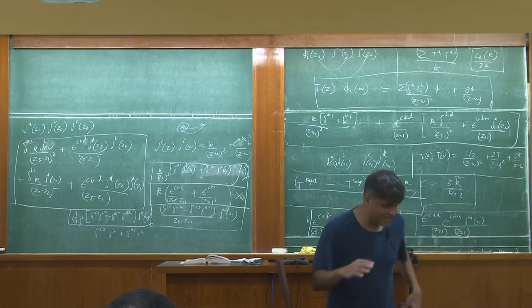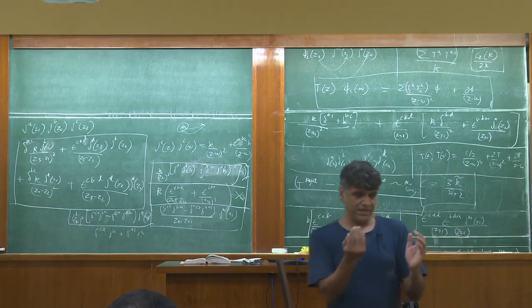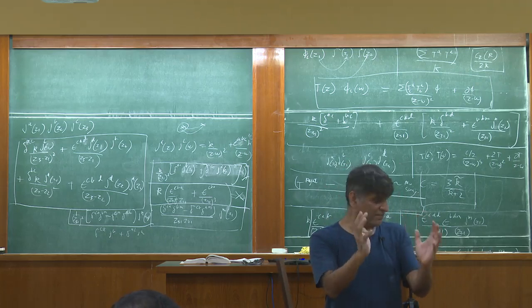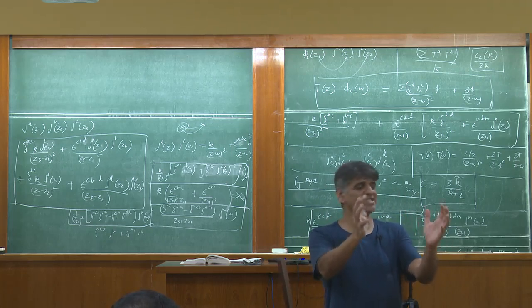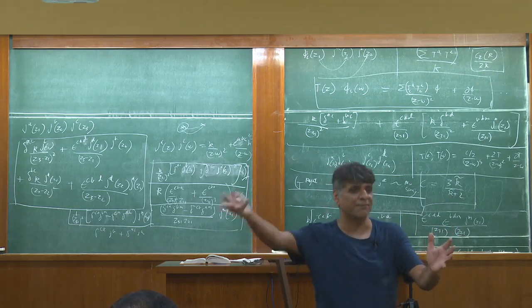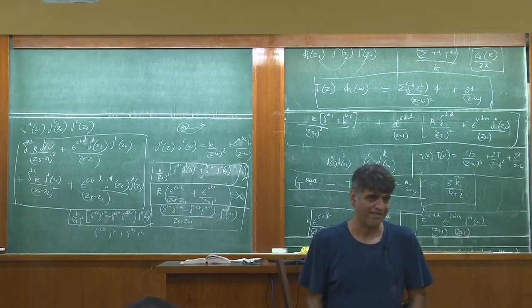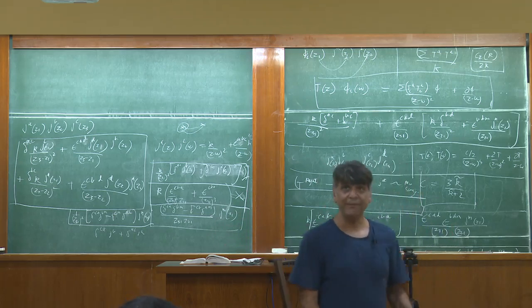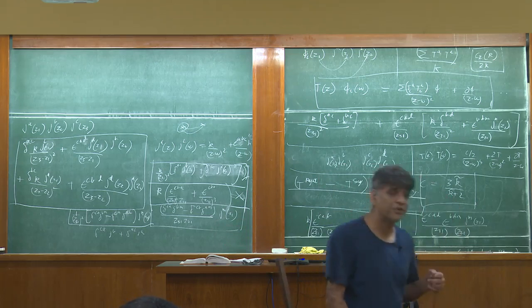What it's suggesting is that you've got a sector of the theory which is the current algebra sector, and maybe something else that is, roughly speaking, decoupled from this current. Decoupled in the sense of the stress tensor that you make out of it.